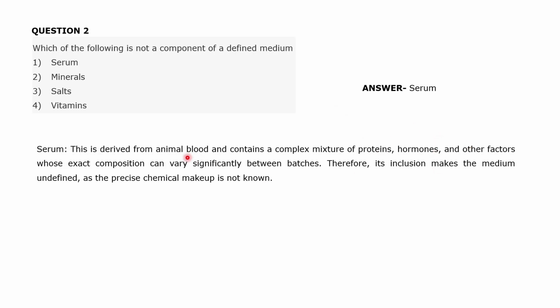Based on the physiology of the organism, the composition will change, so we don't know the exact composition. Whenever you add serum to a medium, like fetal bovine serum added to DMEM, or Dulbecco's modified Eagle medium, we don't know the specified composition of that medium.